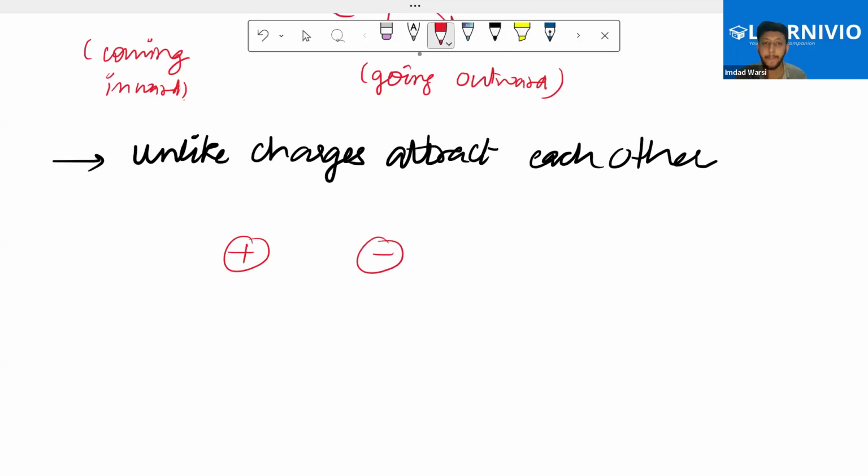So what was the direction of rays in a positive charge? It was outward. Okay, so I made this. And the electron's rays were coming inward. So you see the rays are going in the same direction, right? Which means they are trying to pull each other, so they will come close to each other. And when they come close, there will be attraction.